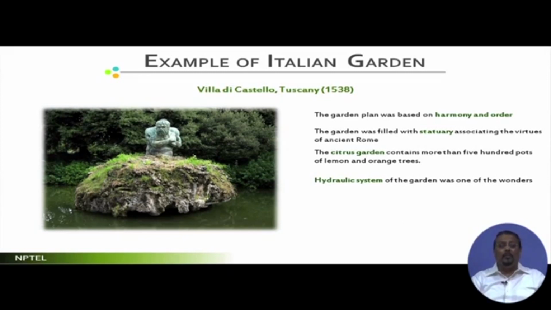Here what they have done is, they built a large reservoir at the upper elevations, filled it up with water, then allowed this water to flow down by gravity, and that water flowing down through bronze pipes ultimately came to all these spouts or fountains wherever they wanted. So water was first stored at the higher elevation. It was not natural.